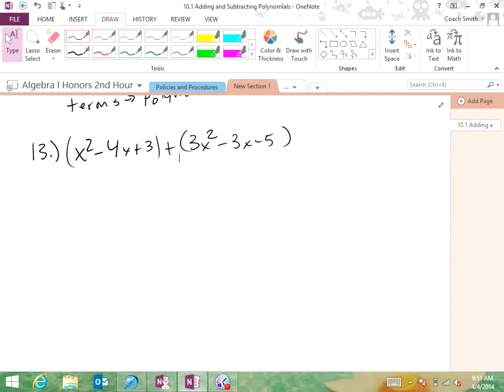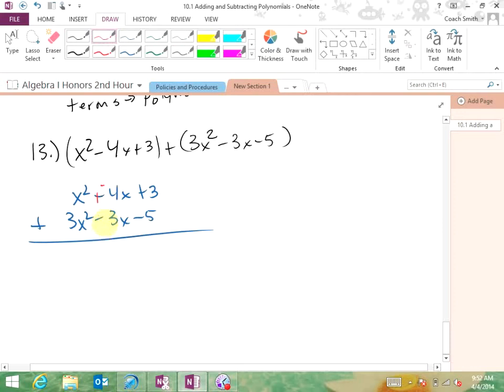I think eventually in the assignment they're going to tell you to do it vertically and use horizontal. I don't care which one you use. Use them both for all I care. I want you to find the one you feel is easiest for you. If we do it vertically, then this is x squared minus 4x plus 3 plus 3x squared minus 3x minus 5. Once again, you have to understand plus a negative, plus a negative, plus a negative.